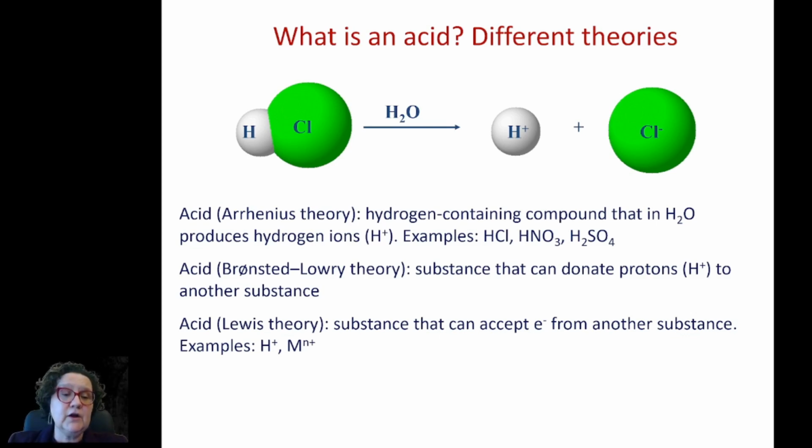So yes, the H+ cation, the hydrogen ion, because it has a positive charge, can accept electrons, but also any metal cation you can think of, sodium plus, calcium 2 plus, etc., can be defined as an acid because they have positive charges, so they can accept electrons to compensate those positive charges. That would be their natural behavior.